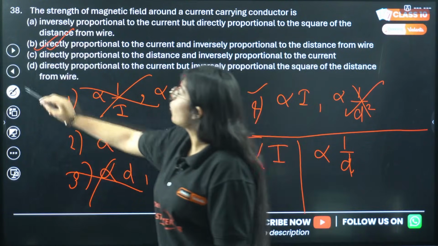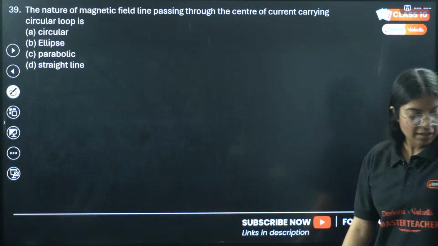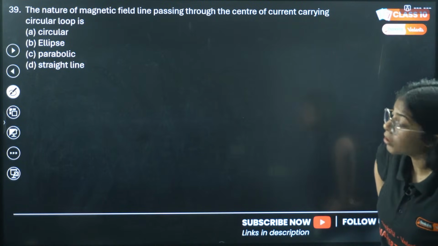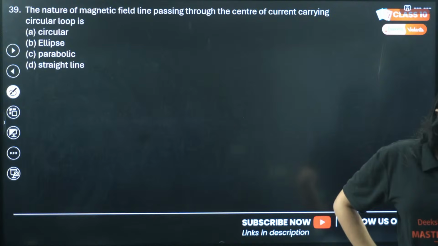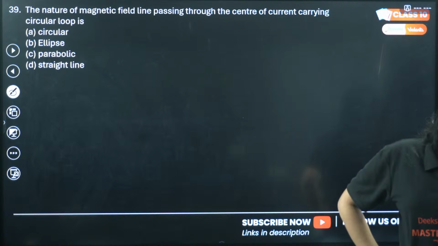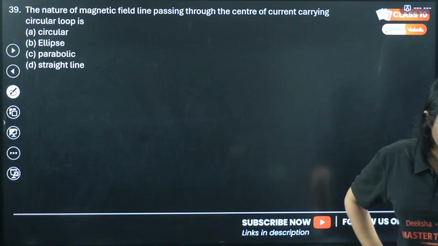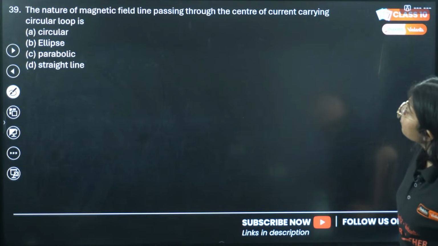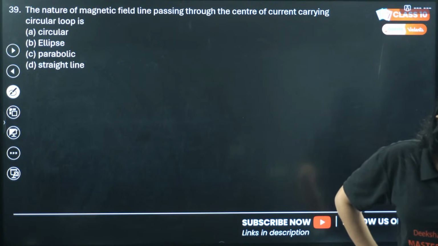Okay, let's move on to the next question. 39th. The nature of magnetic field line passing through the center of a current carrying circular loop.